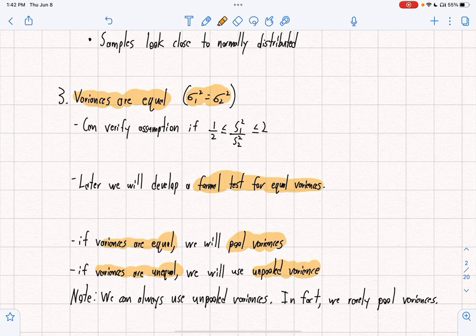This is where these variances are going to come from, the test statistics when we're doing hypothesis testing. Now note we can always use unpooled variances. In fact, we're rarely going to use pooled variances. So we're going to focus more on this case, but I will also introduce this case just so that we've seen everything before.